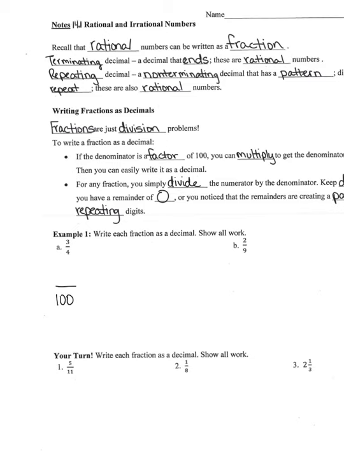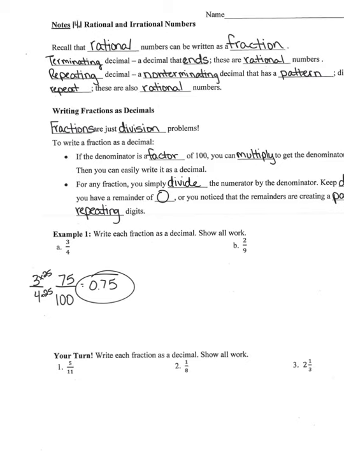Well, 4 times 25 is 100. Therefore, 3 times 25 is 75. So now we have 75 out of 100 as my fraction, and I know that 75 hundredths can be written like this. Hopefully that was a bit of a review for you.